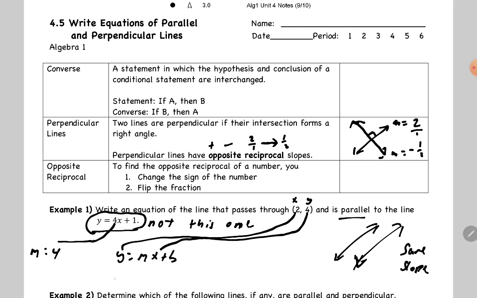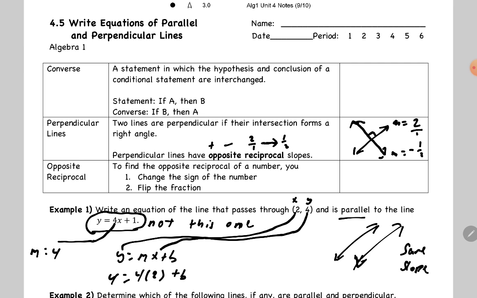So y, which is 4, equals m, which is also 4, times x, which is 2, plus b.